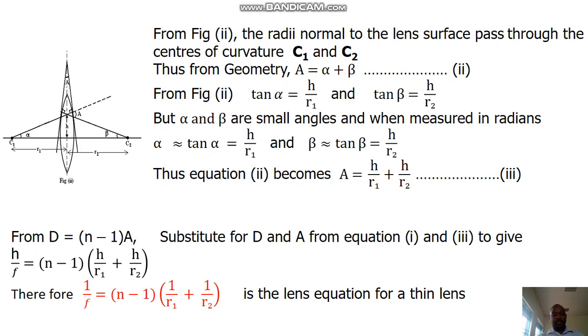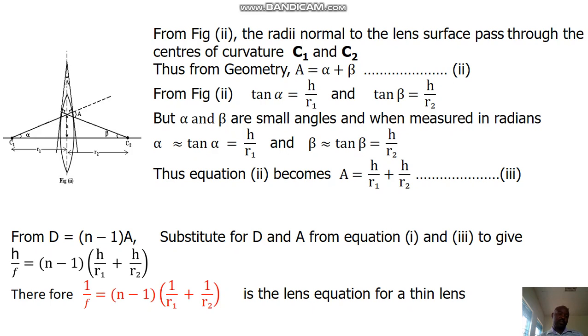But alpha and beta are small angles, and when measured in radians, alpha is approximately equal to tan alpha, which equals h over R1, and beta is approximately equal to tan beta, which is h over R2. Thus, our second equation becomes A equals h over R1 plus h over R2.